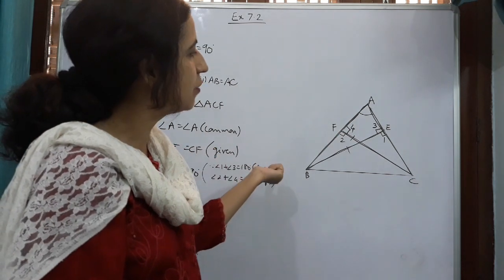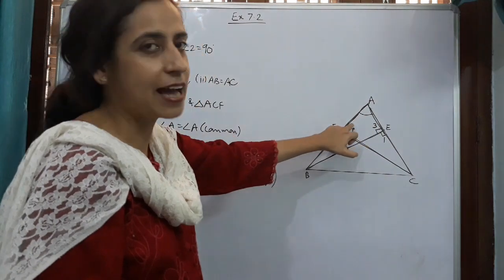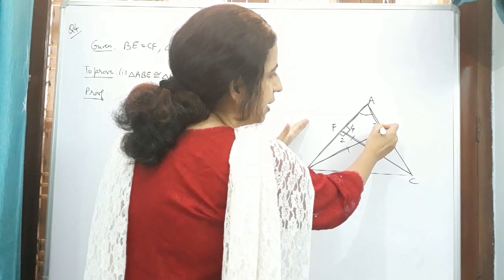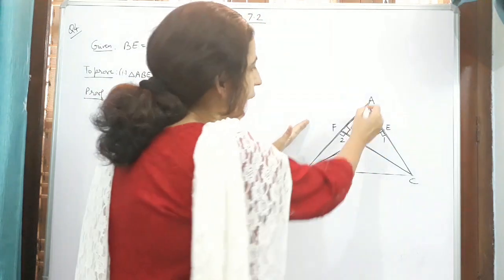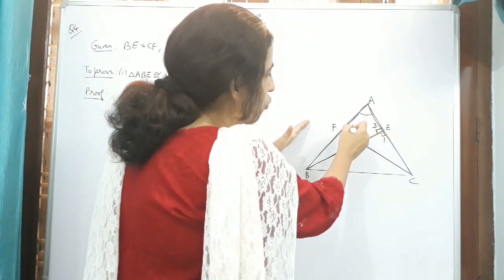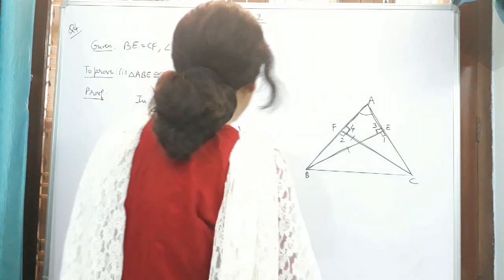And as in the previous question, I have already told you why we are taking these angle 3 and angle 4, because angle 3 is the angle which is inside the triangle ABE, and we have to prove it congruent to triangle ACF, and angle 4 is the angle which is inside triangle ACF.